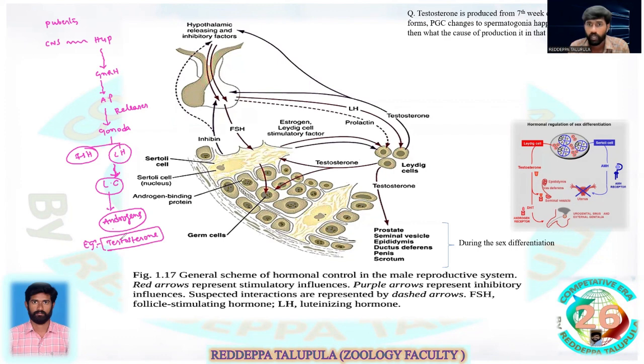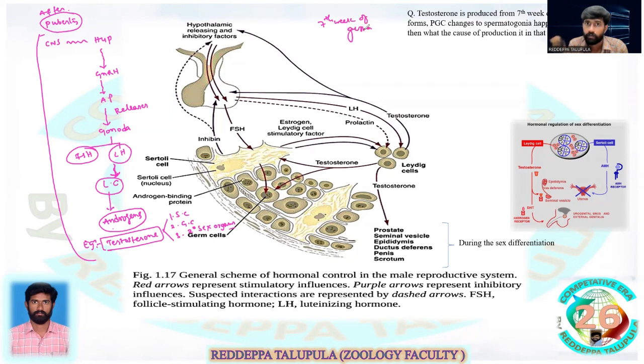Now, the function of testosterone, we all know that. One, it shows functions on Sertoli cells. Second, on germ cells. Third, on secondary sex organs. All these things happen after puberty. But if we look within the 7th week of gestation, the release of androgens, especially testosterone, is noticed, without the signal of the central nervous system, which occurs at the time of puberty.